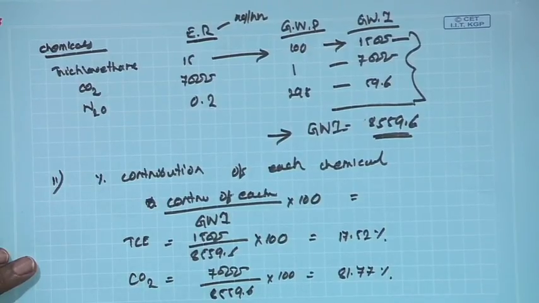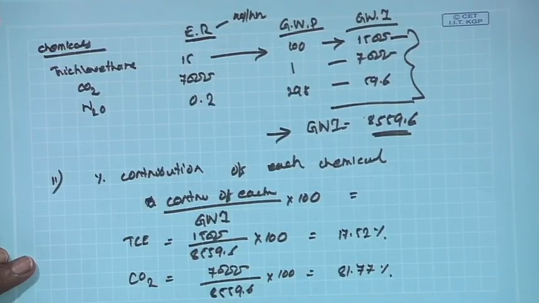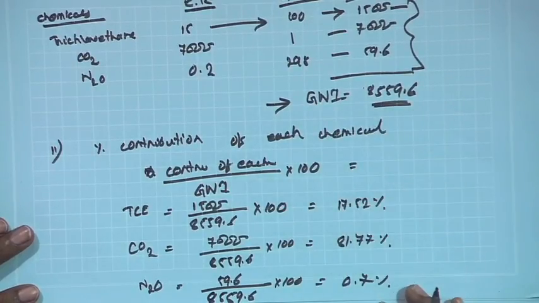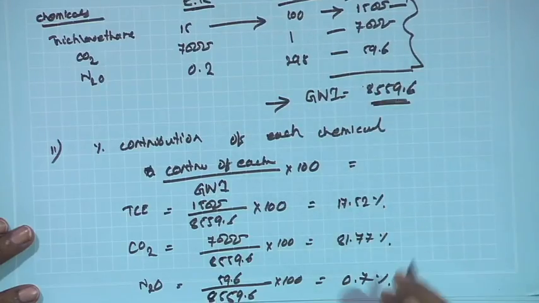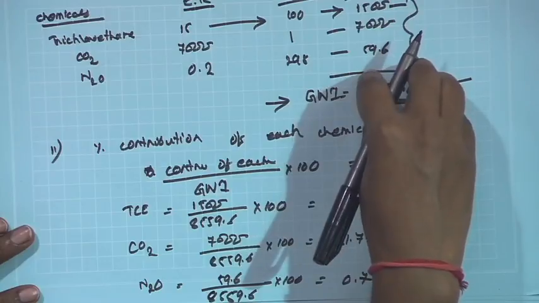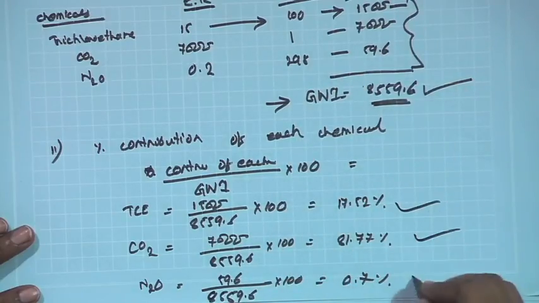For nitrous oxide, this is 59.6 divided by 8559.6 into 100, this is 0.7 percent. This is the solution of our first question. This is the global warming index of the whole process, and this is the individual contribution.